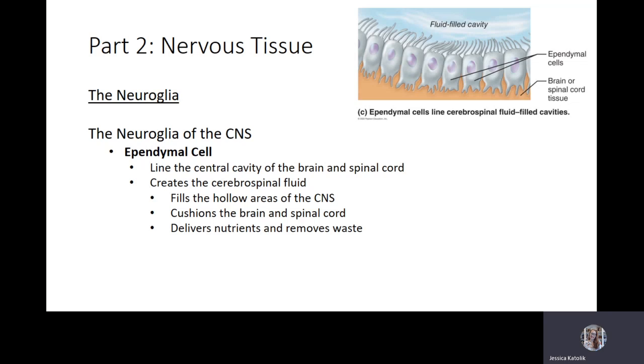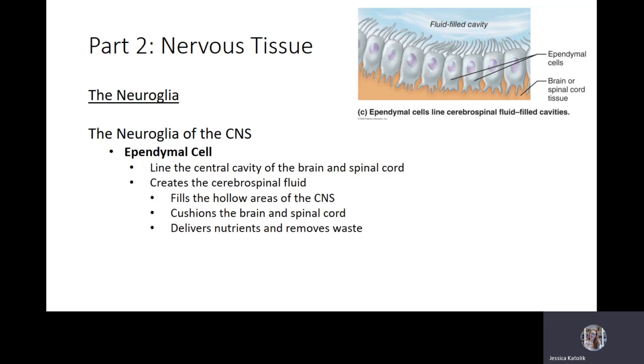The other thing it does is it circulates nutrients and removes waste. Cerebral spinal fluid is actually a filtered form of blood plasma that will have gone through the epidermal cells. This allows nutrients and other components to be delivered to the neurons found in the central nervous system, and it can help feed those neurons.